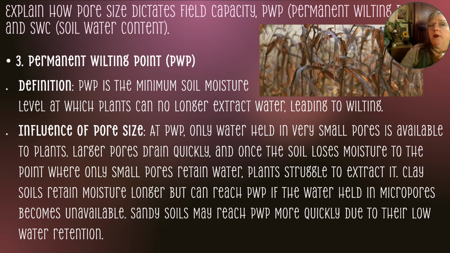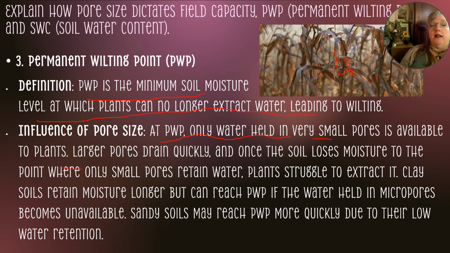Now the last one is permanent wilting point. Okay, you'll see the poor plants here dried up. Permanent wilting point is the minimum soil moisture level at which plants can no longer extract water, leading to wilting. There's so much of it gone, there's nothing for them to pull up. At permanent wilting point, the only water held is in the very small pores.